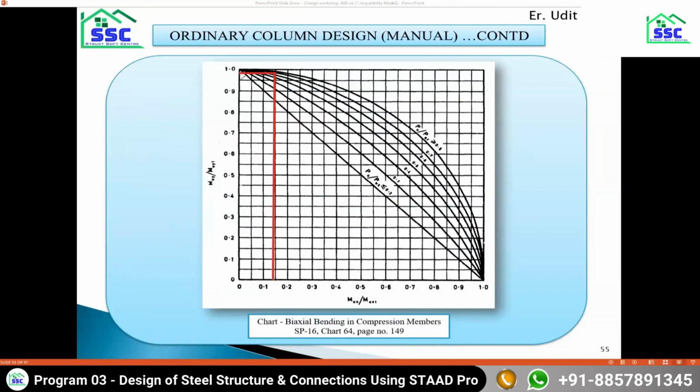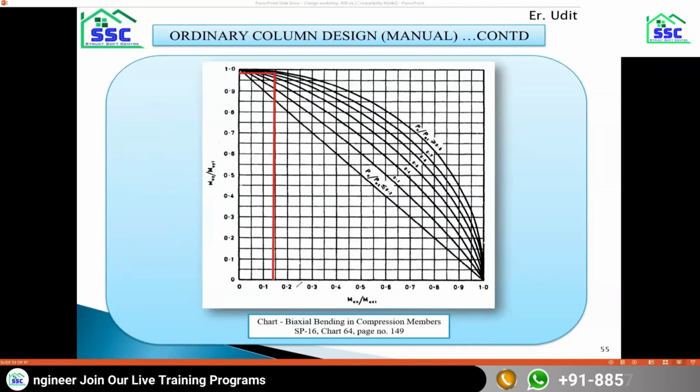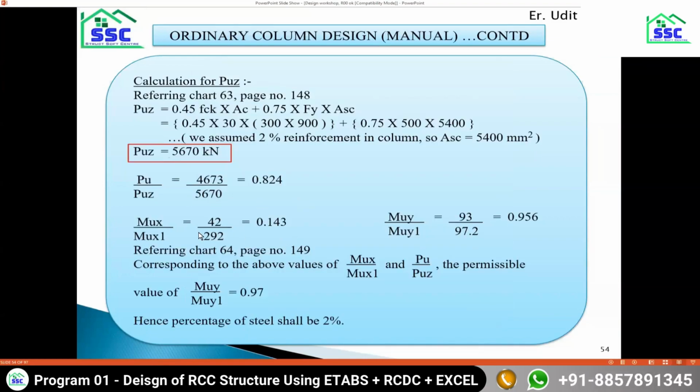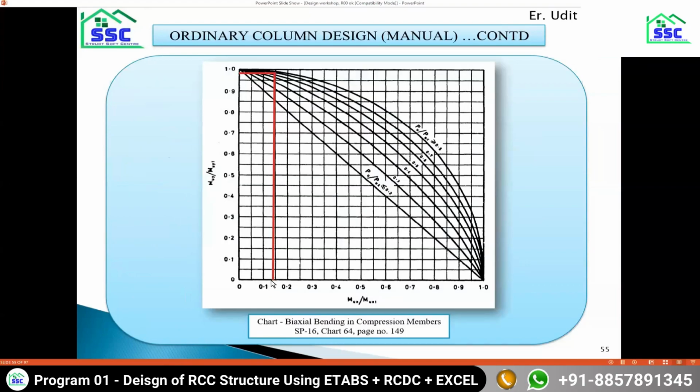My value of Mux by Mux1 is 0.143. So see, this is 0.1, this is 0.2. The center is obviously 0.15.